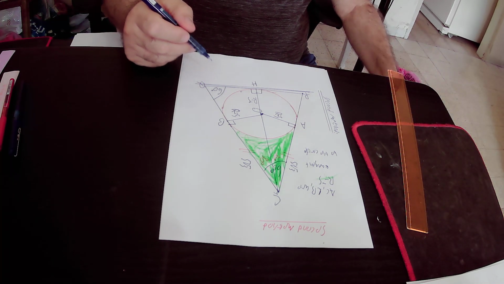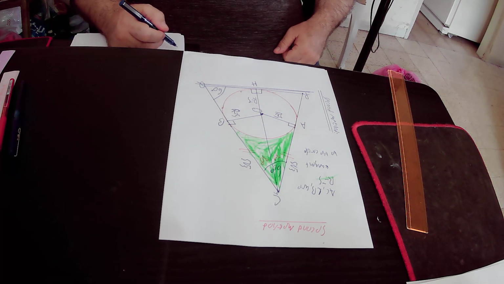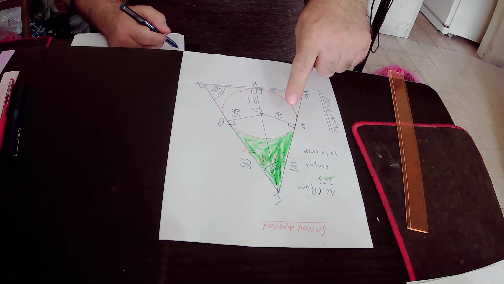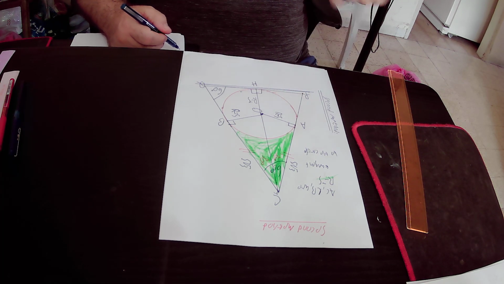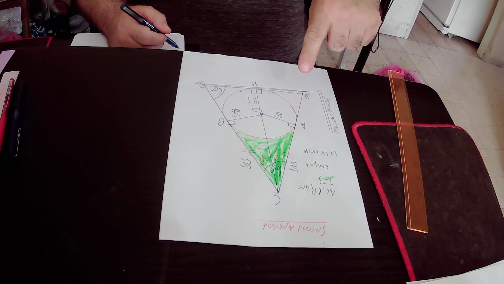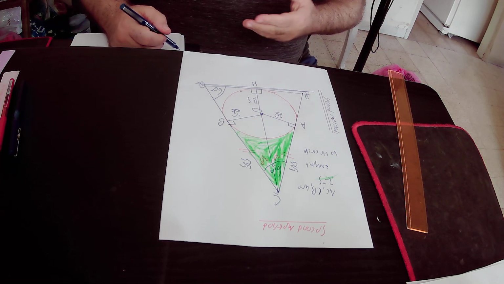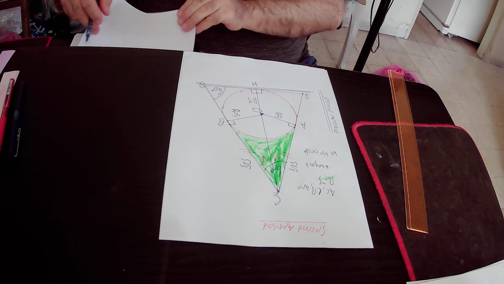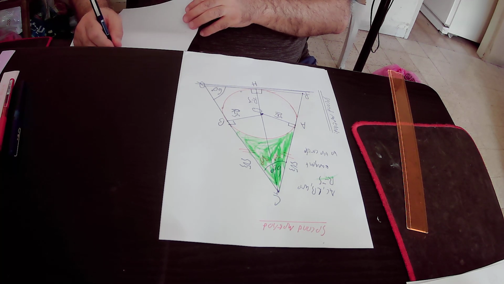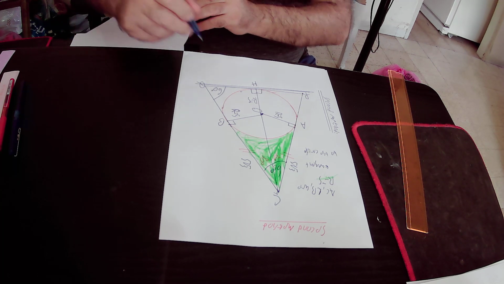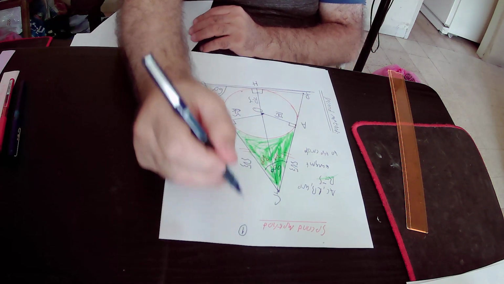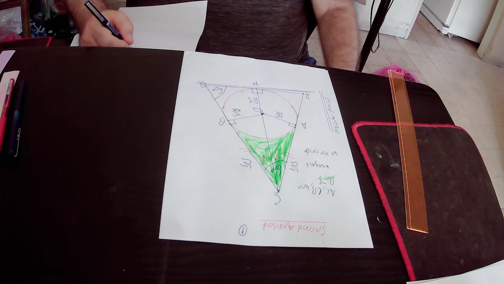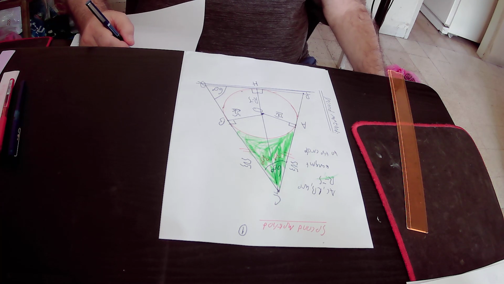Okay, we will repeat the same process on the left side. Again we focus on triangle CHP. In triangle CHP, we know that the sum of the angles in any triangle equals 180 degrees.